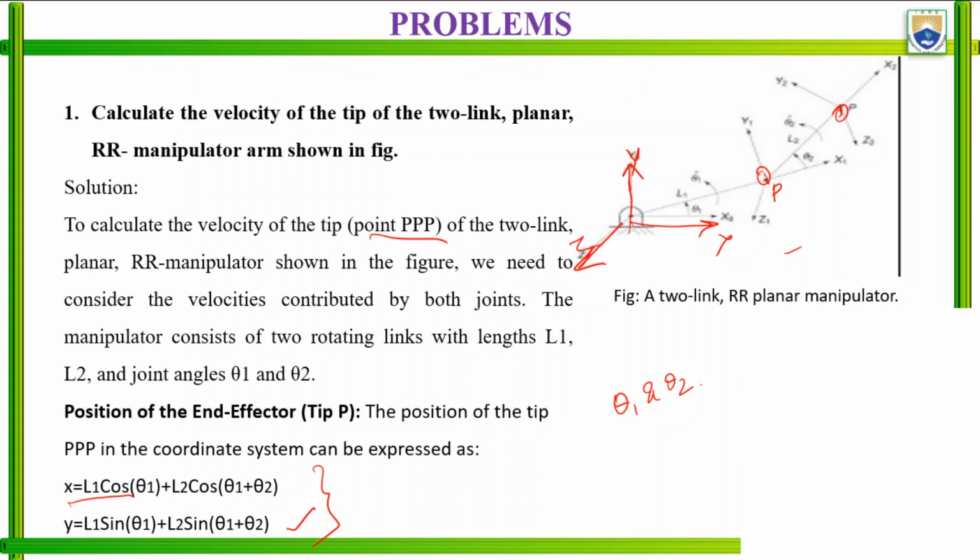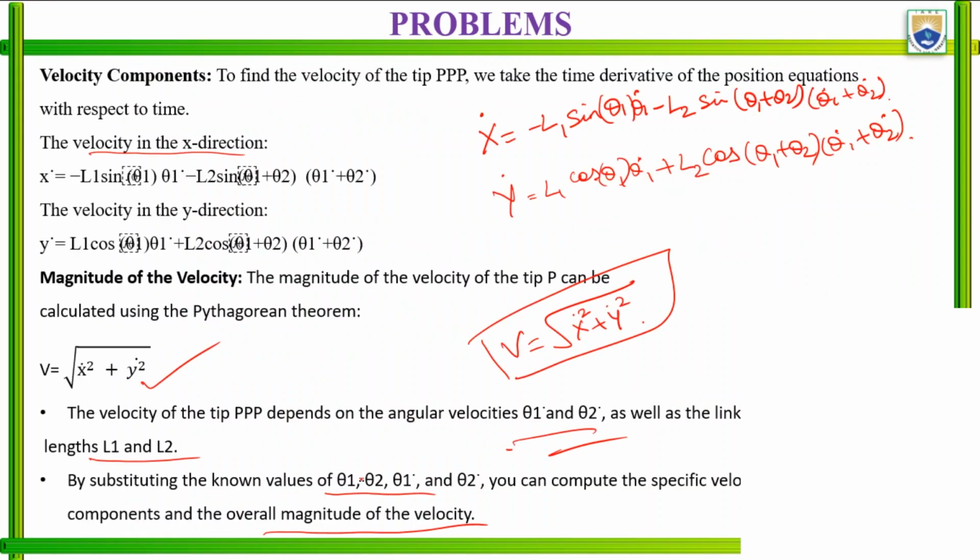So we will be considering the x and y axes with respect to the velocities and the angles, and with respect to the angular velocities we will be calculating x dot and y dot.